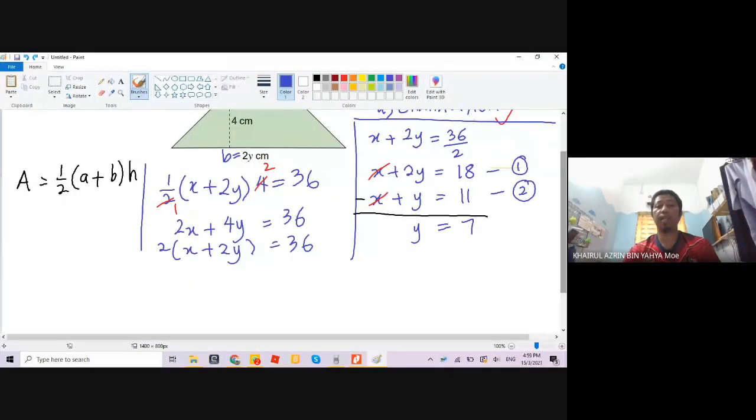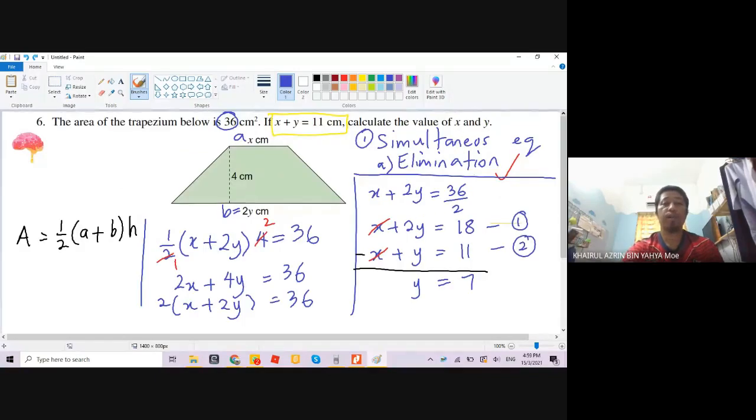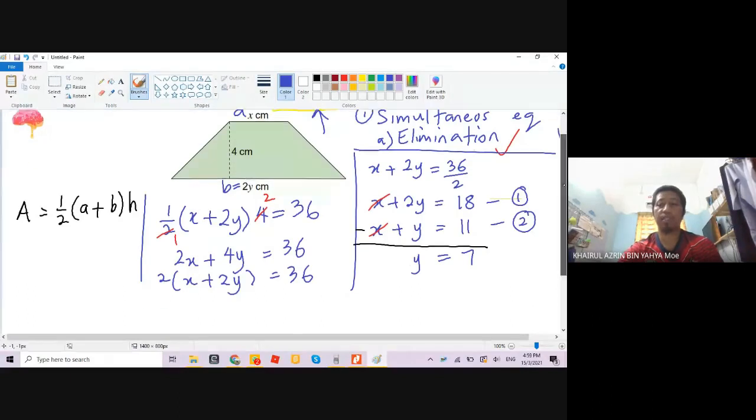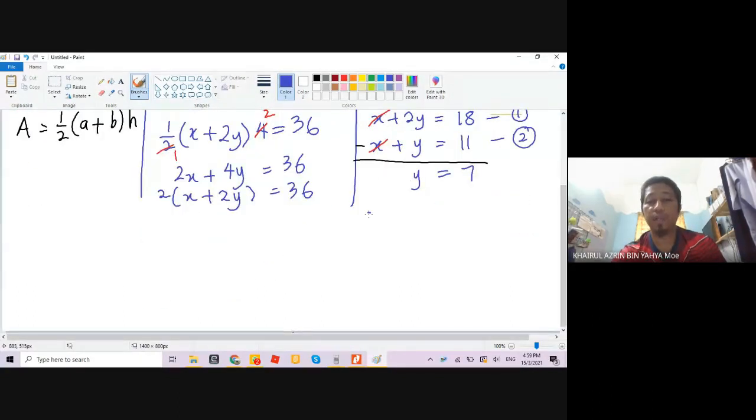Now we already get that the value of y equals 7. From x plus y equals 11, we know y is 7, so how much is x?